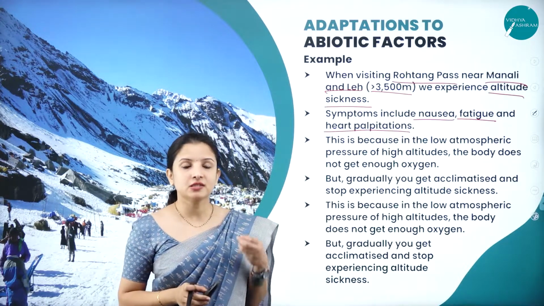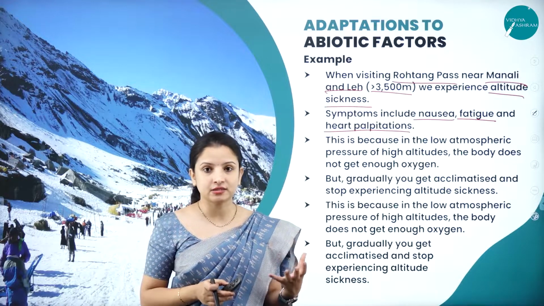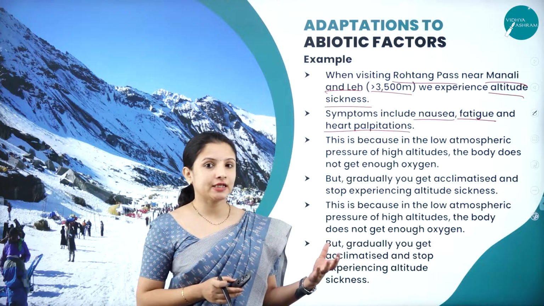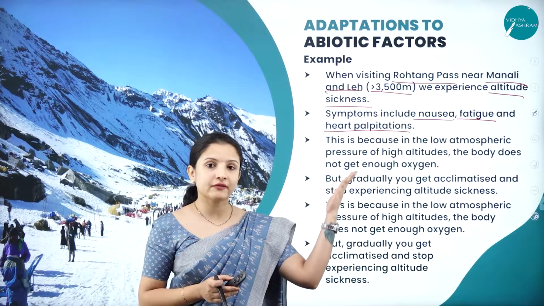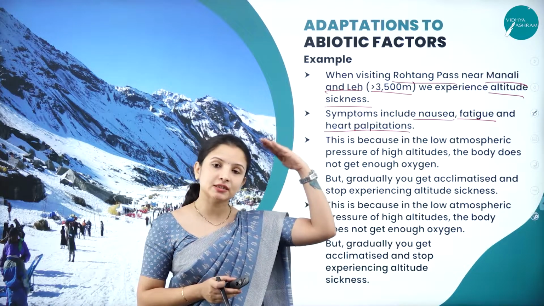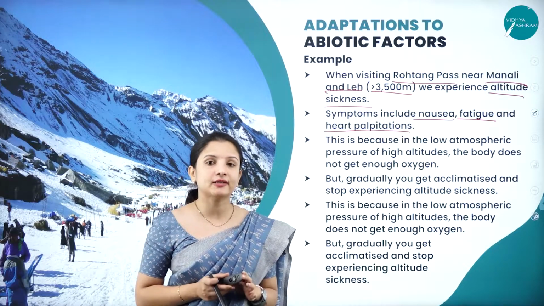With heart palpitations, the heart starts to beat faster. So we can easily guess why the heart might start to beat faster. It is because the availability of oxygen decreases as the altitude rises. So that is the reason.